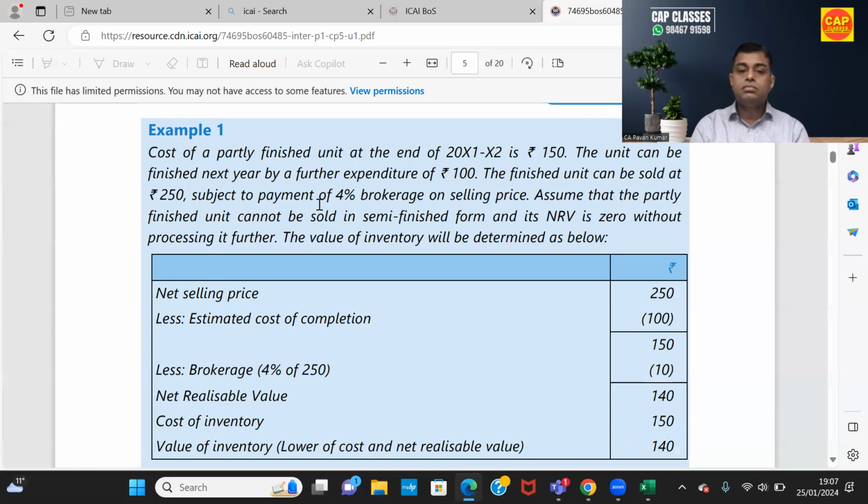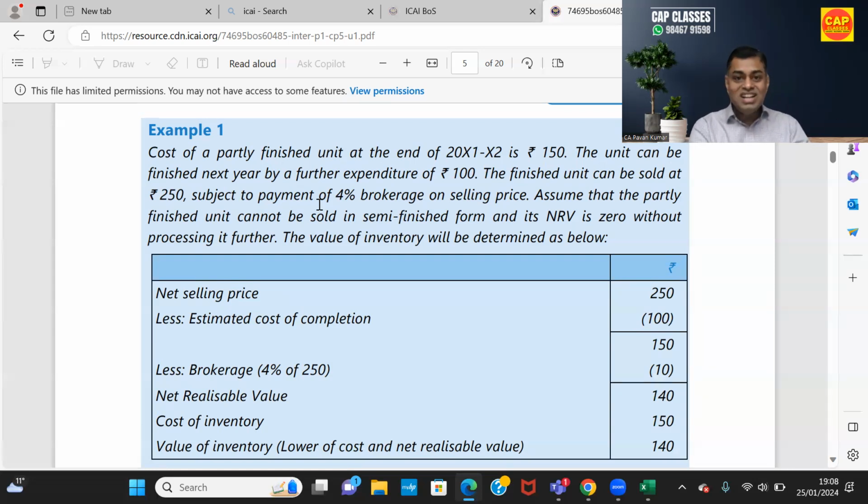Assume that the partly finished unit cannot be sold in semi-finished form and its NRV is 0 without processing it further. Value of inventory. So you have an item in work in progress which does not have a ready-made market. For example, you have wheat, which is raw material. You are making chapati, which is a finished good you can sell. Now you have prepared a batter or dough. At that stage, no one will buy.